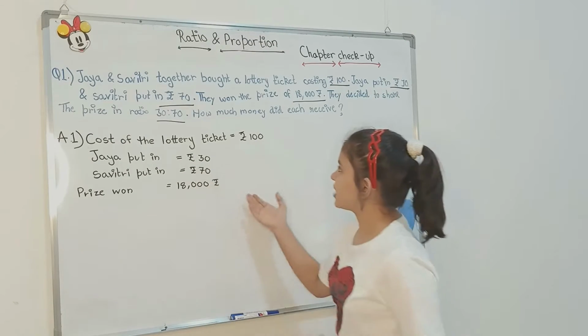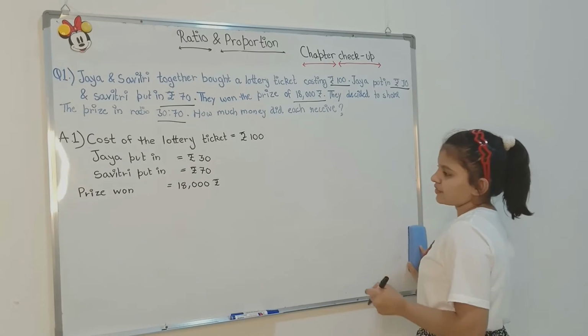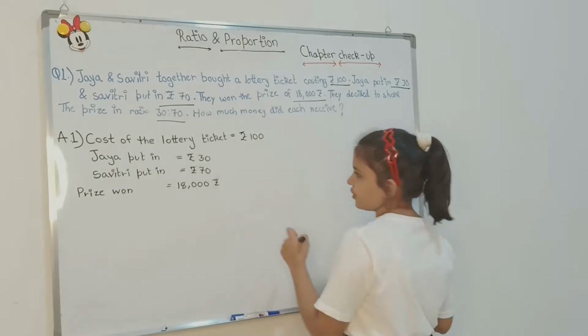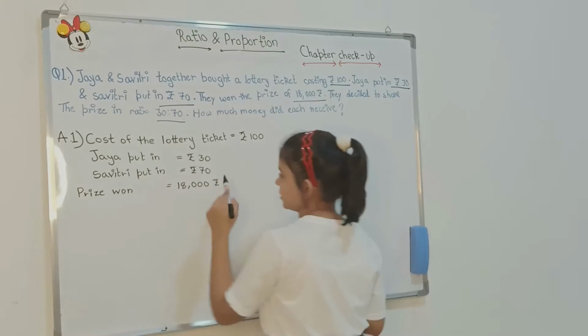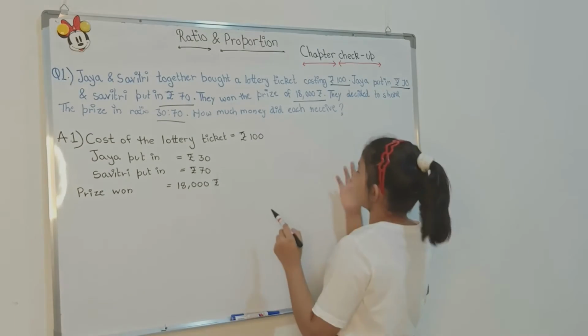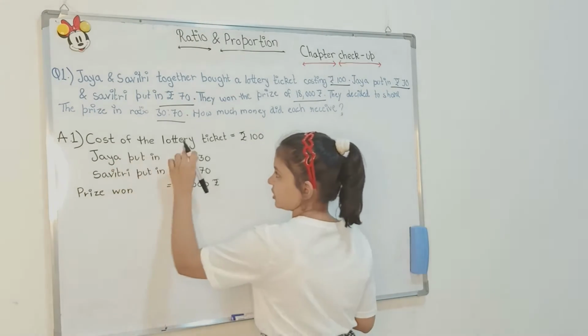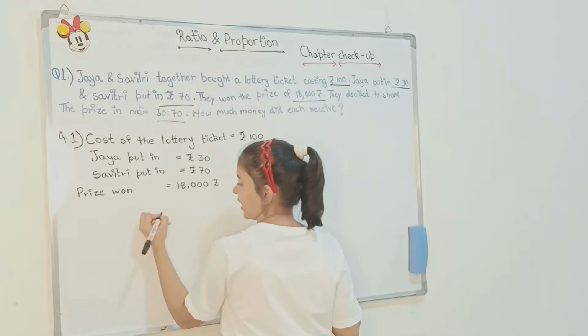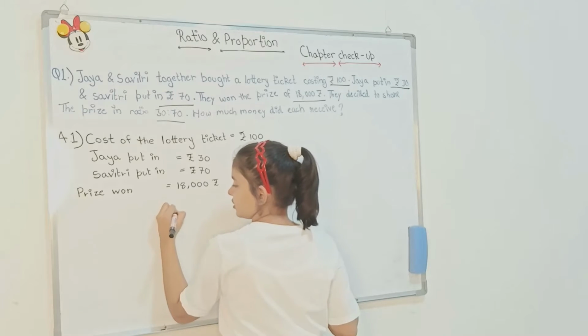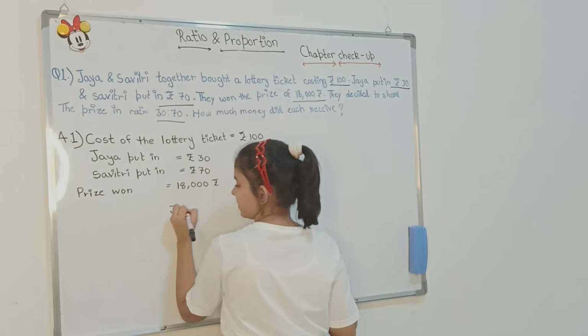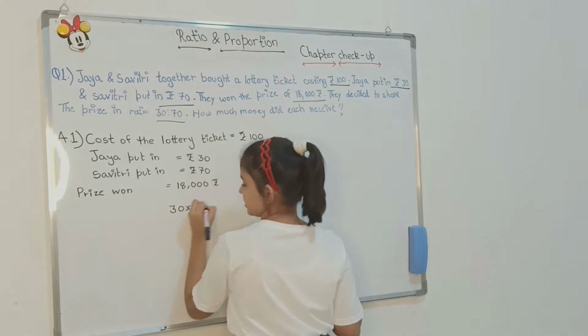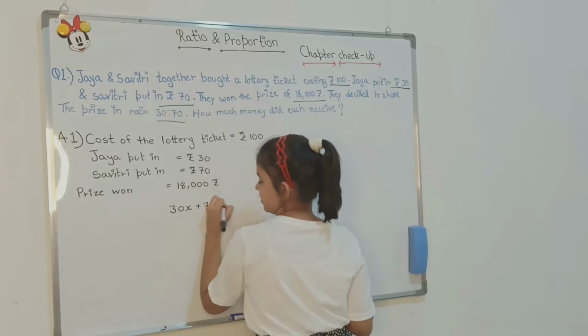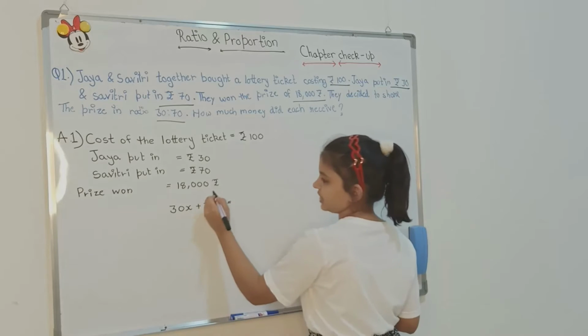Now they are asking how much money did each of them get. So let's start calculating. Both of them put in 30 plus 70, which is 100, the cost of the lottery ticket. First we write 30x plus 70x is equal to 18,000 rupees.